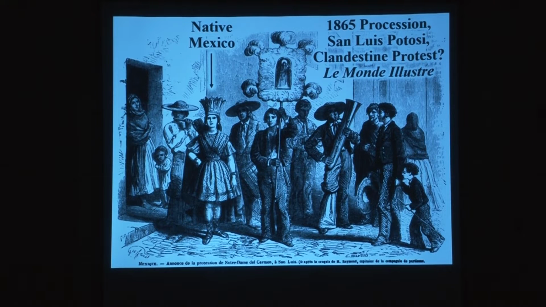Who ruled Mexico in 1865? Maximilian, the French, right? This is an incredibly subversive statement right here. This is probably the people of San Luis Potosi, I would say, thumbing their noses or basically telling the French regime to stuff it by parading their native identity around like this.